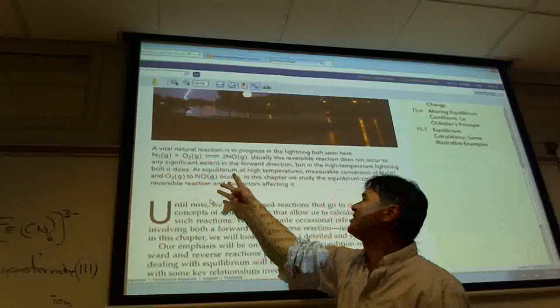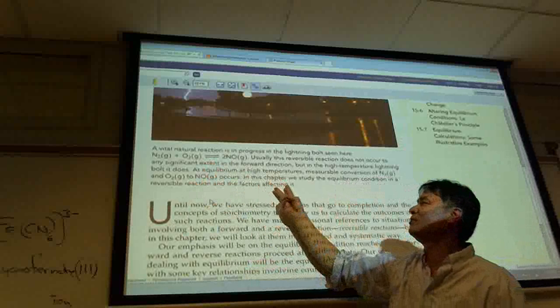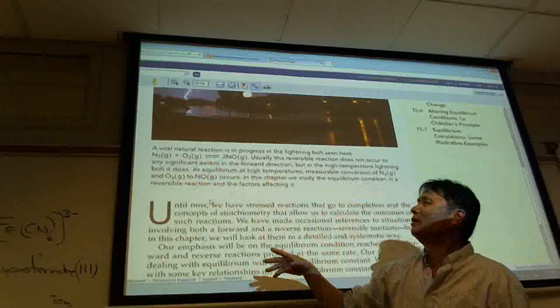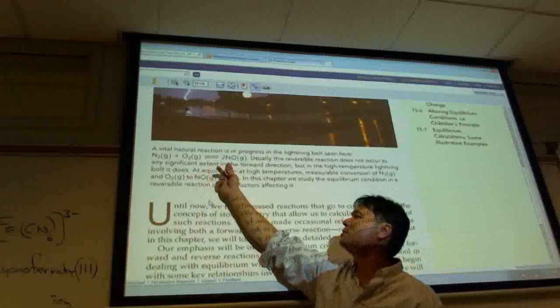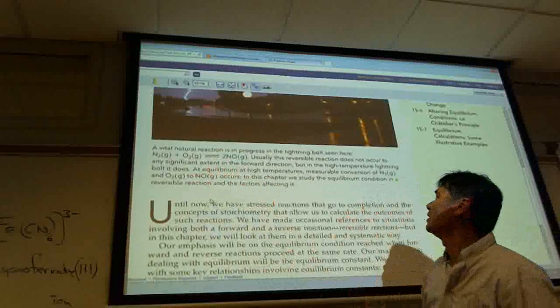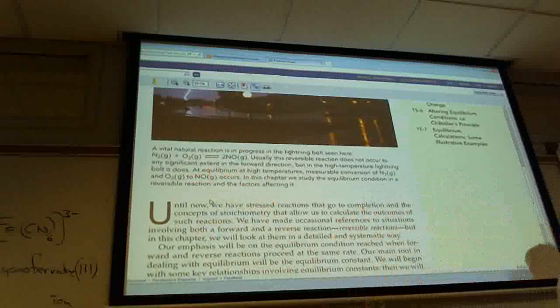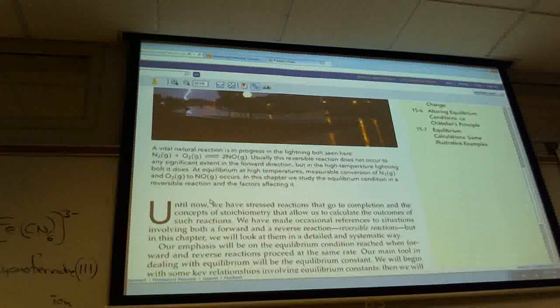But what happens is some of this nitrogen and oxygen reacts to form a little bit of NO, and this isn't going to go 100% forward when there's lightning strikes. So a little bit of NO forms, and we reach this state of dynamic equilibrium. You can smell the NO. NO is also a component of smog.